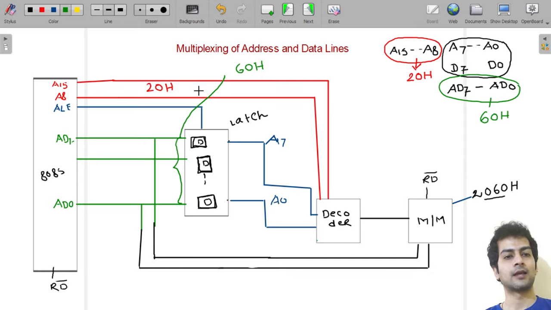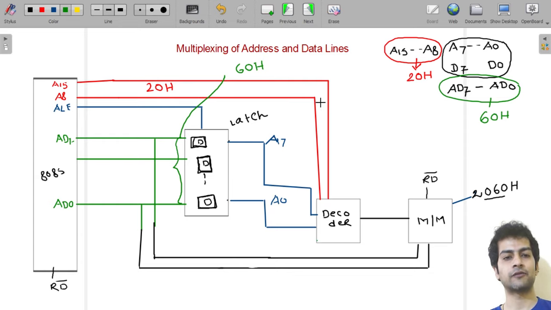As the microprocessor originates the address 2060H, at the same time ALE, the address latch enable bit, also gets high and comes to the latch. This high bit, that is 1, comes to all the D flip-flops and energizes them.